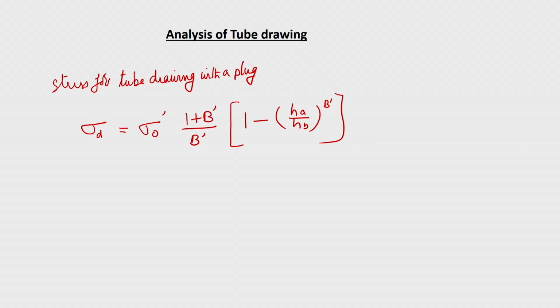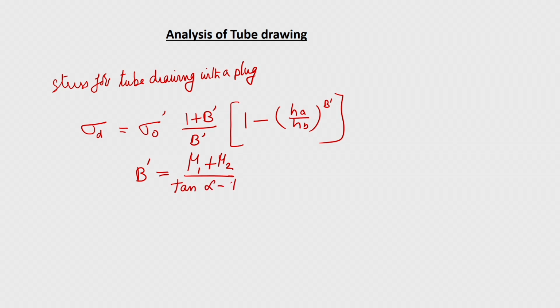So, in this tube drawing, B dash in this relationship is nothing but your mu 1 by tan alpha minus tan beta. 2 frictional constants are coming.